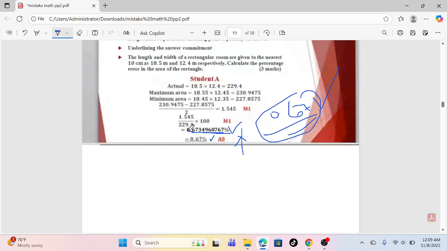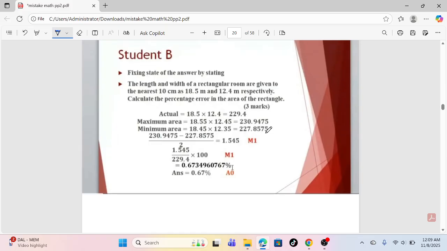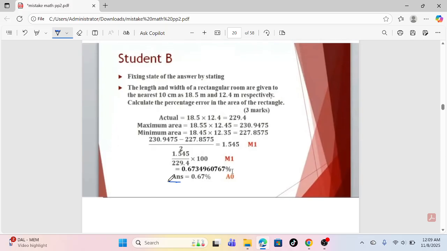So don't underline, and also don't write the answer like that. Look at student B. The moment you write an answer like that, you lose marks.